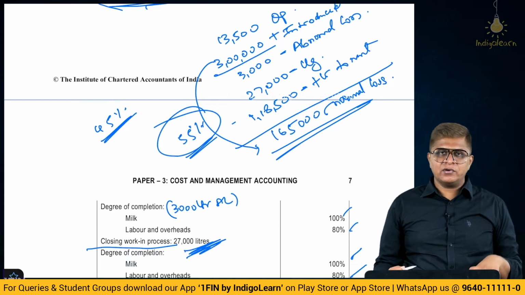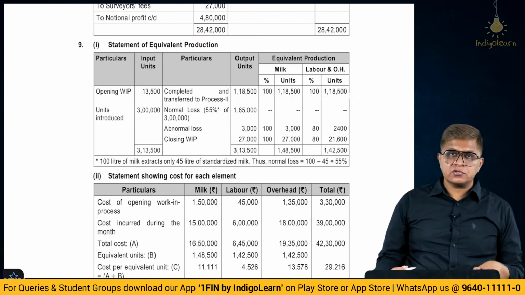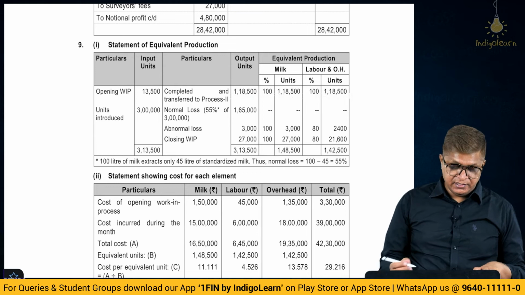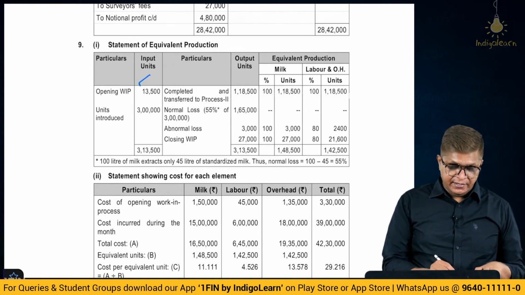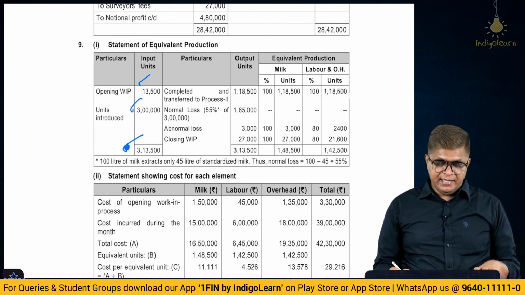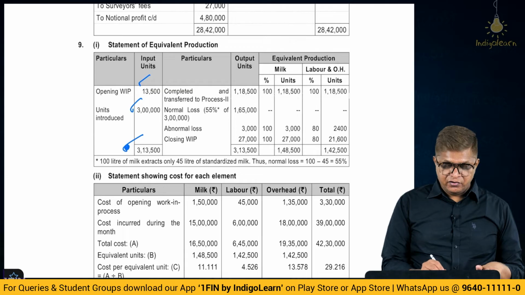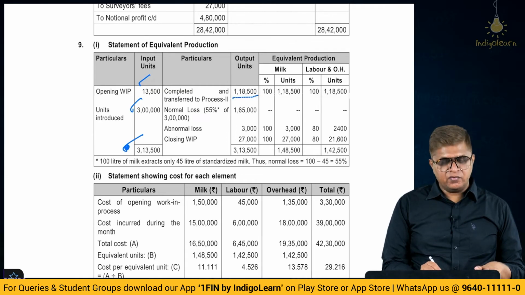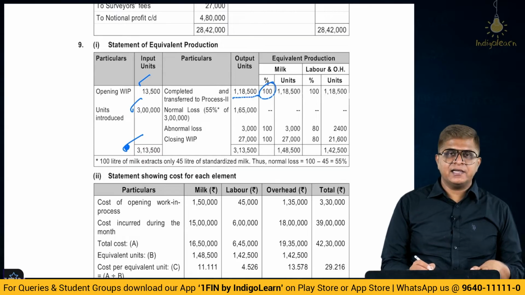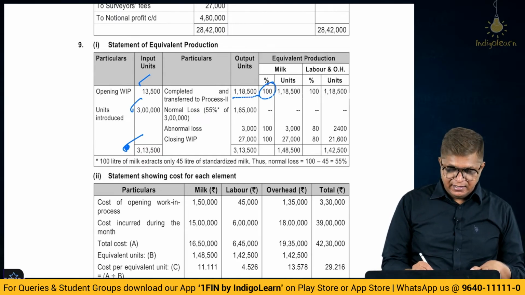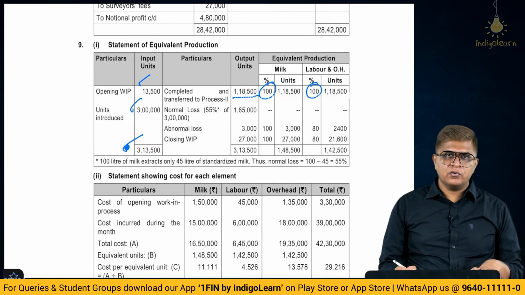So now let's quickly look at the calculation that they have provided. Statement of equivalent production. Opening WIP 13,500, introduced 3 lakhs, totally we have 3,13,500. As we were discussing, the number of units completed and transferred is 1,18,500, 100% complete in terms of milk and material, 100% in terms of labor and overhead.